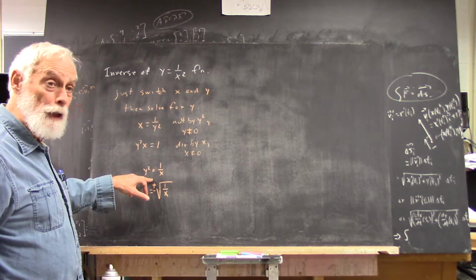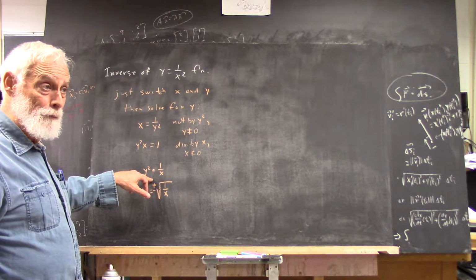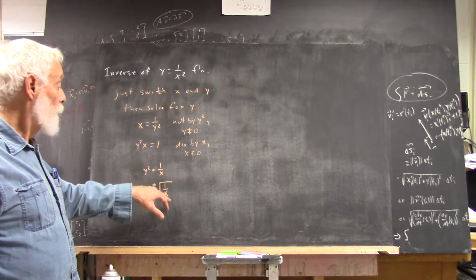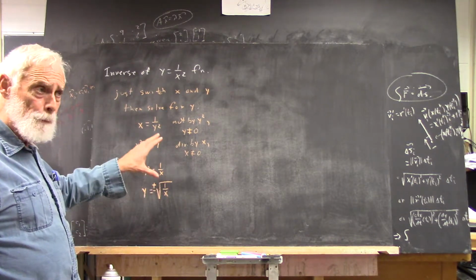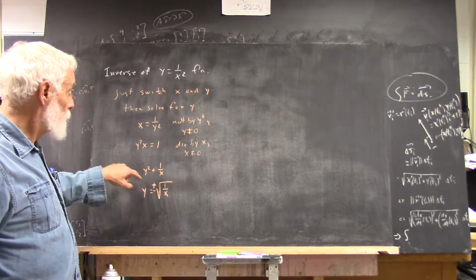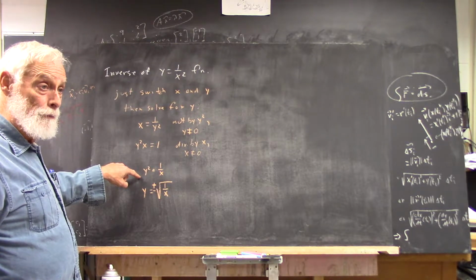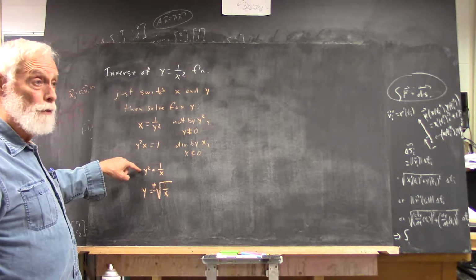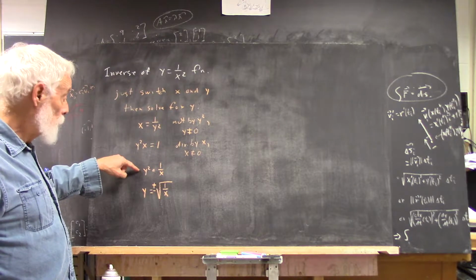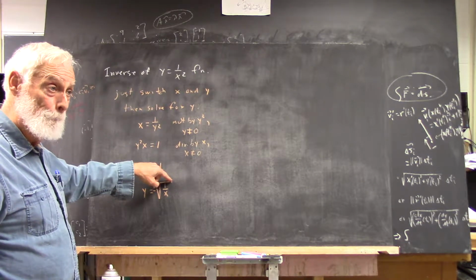If you square it, you get back to this, right? So negative square root of 1 over x has to be a solution to this. If y is negative square root of 1 over x, then y squared is 1 over x, right?